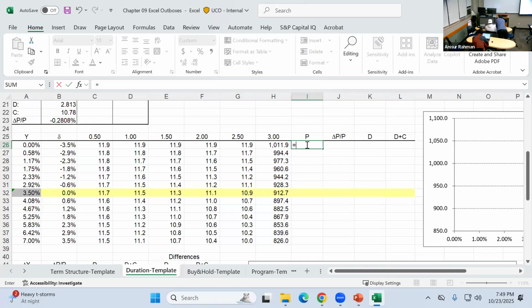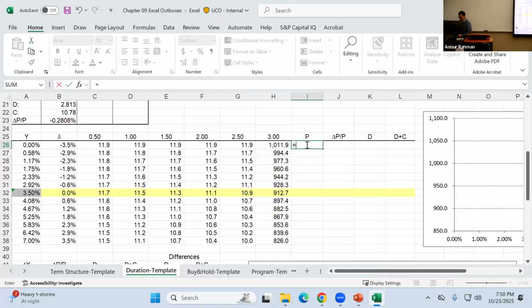And then you need to lock the row for C25. Same. If you get it correct now. Yeah, okay, very good.